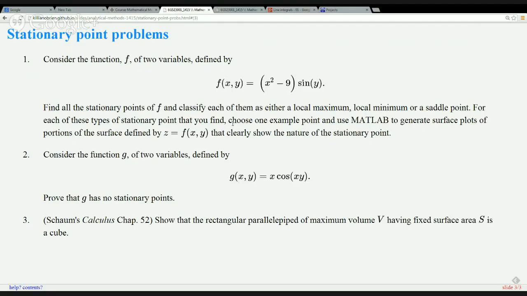So what was this about? This was about these parallelepipeds, which is just a fancy name for a familiar box, a rectangular box.